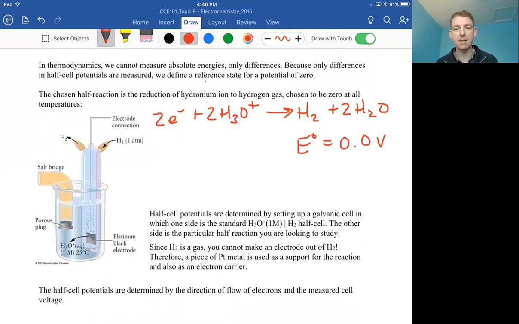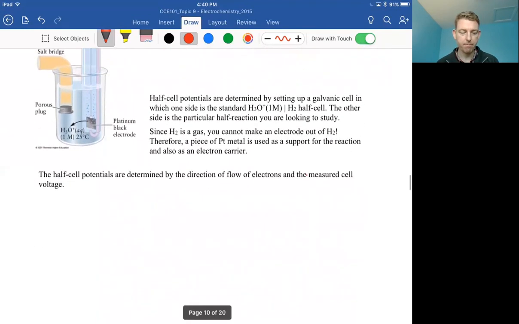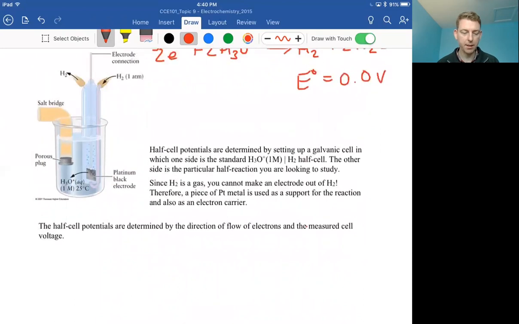And if we use this now as the half cell, anything we use as the other half cell tells us its standard potential directly. So we'll see how that works. I guess before we do, we'll mention that the hydrogen can't really be used as an electrode itself, right?